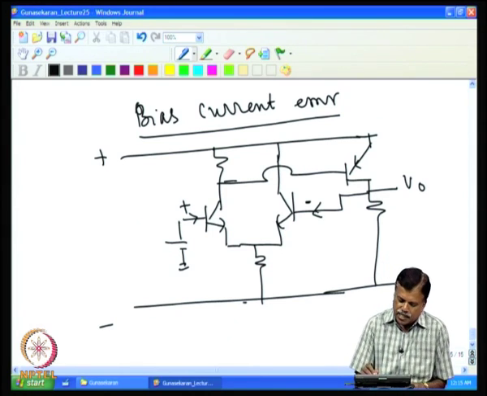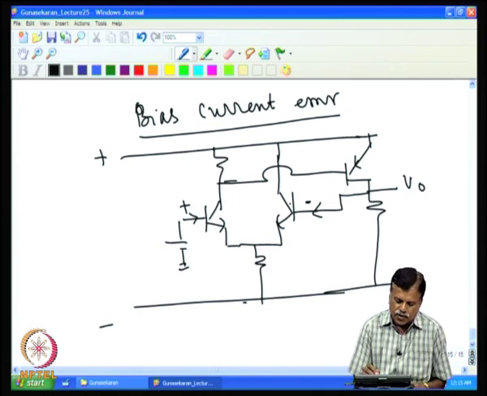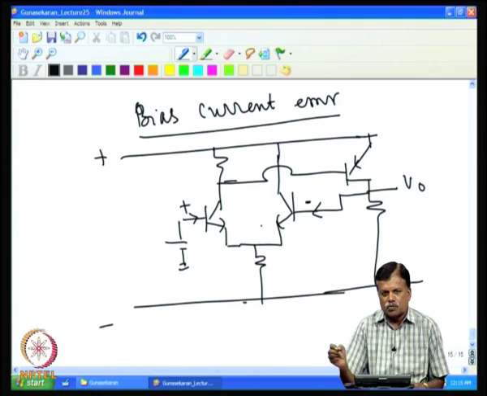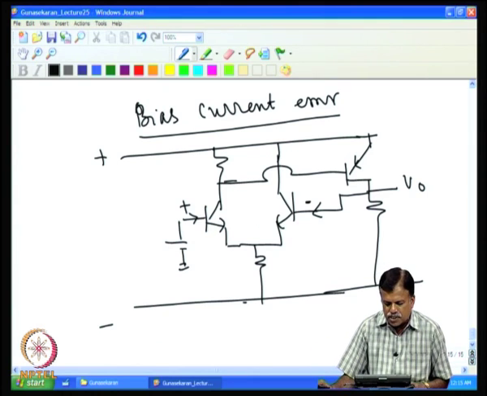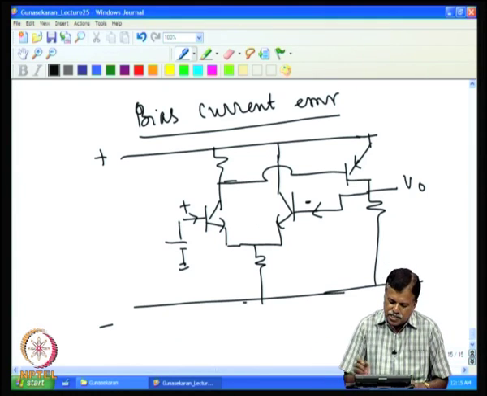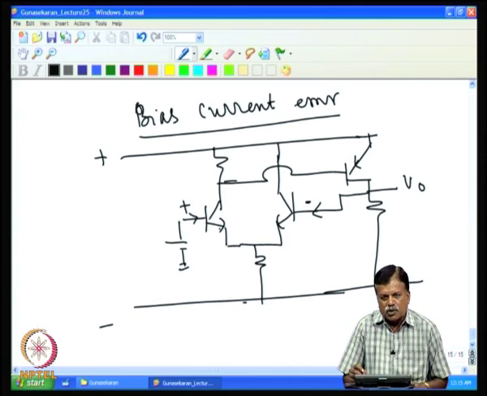Now this base current is always flowing into the operational amplifier. For example, this is an NPN transistor and there is always a base current. Unless the base current is there, the operational amplifier is not going to work, as the transistor is not going to work. So there is always a base current, and the base current of this and the base current of this need not be equal, and even if they are equal at one temperature, they need not be equal at another temperature.